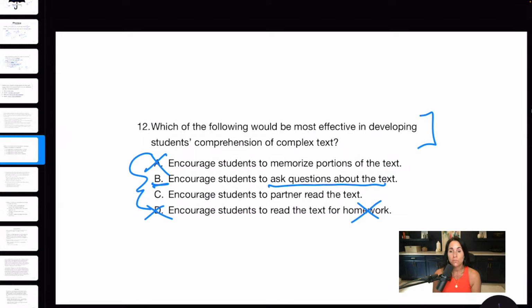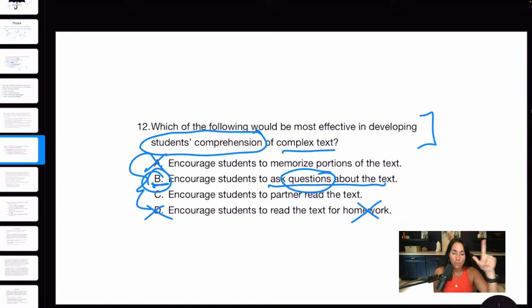Which of the following would be most effective in developing students' comprehension of complex text? Comprehension is all about asking questions. People ask me this a lot about the constructed response. I got a constructed response about comprehension. What can I do? For strategies, questioning is, in my mind, the number one comprehension strategy you can do.